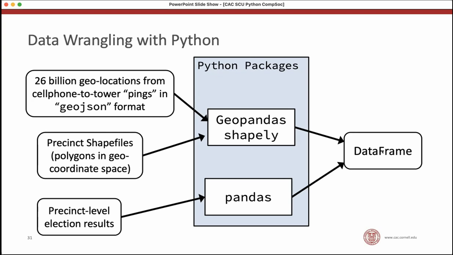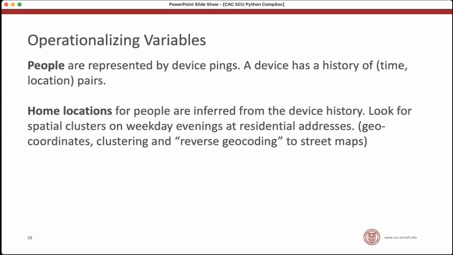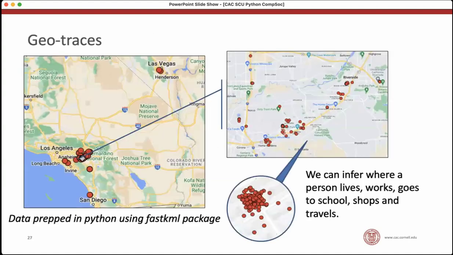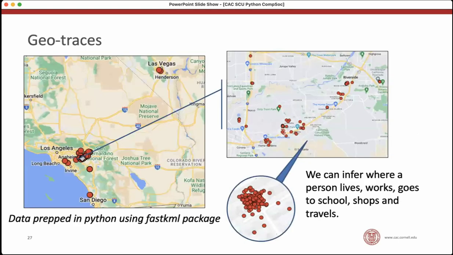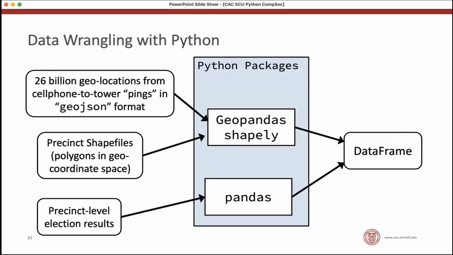Remember, the end goal here is that you need a data frame of gatherings where you know the alignment of the guests, and you need to know the duration of the gatherings, which you can tell from how long the points were together in space. So it takes a lot of steps and a lot of Python packages, but in the end, you can get a data frame that has what you need to fit the linear model that you probably already know how to do. It just takes a lot of steps to get to that data frame.